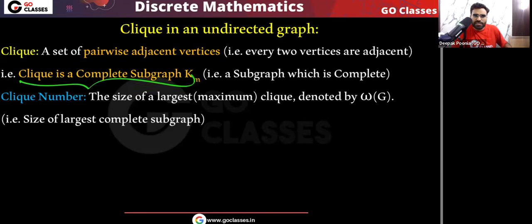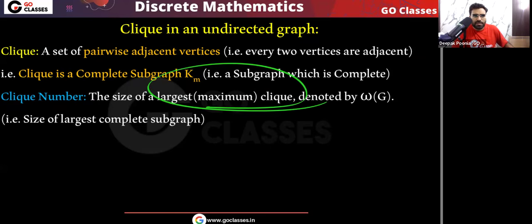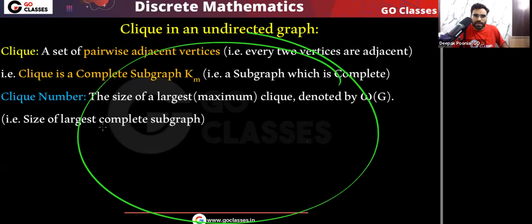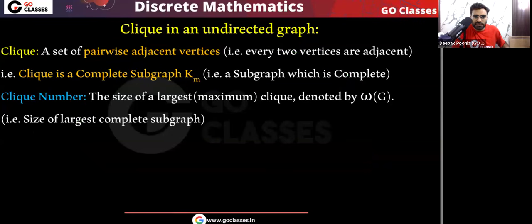Or I can say that clique is basically a complete subgraph Km, a subgraph which is complete. What is clique number? This is the size of the largest clique, denoted by omega(G). Clique number means the size of the largest complete subgraph in the graph G.